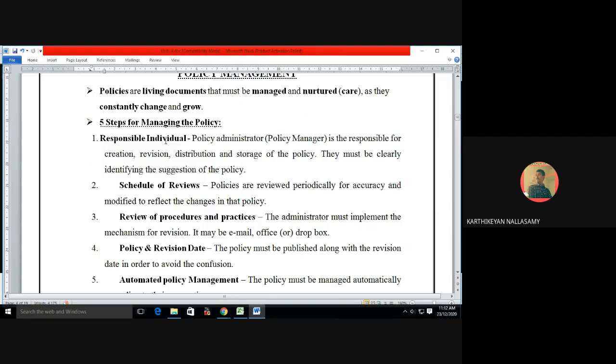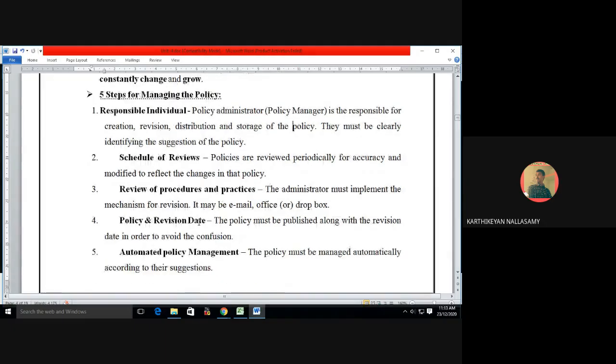One is that everyone is responsible, and second, we are going to review. Periodically we need to conduct a review in order to know the current active status of the policy, and if there are any changes, we need to upgrade it. We also have to define a review of the procedures and practices which need to be followed for policy implementation.